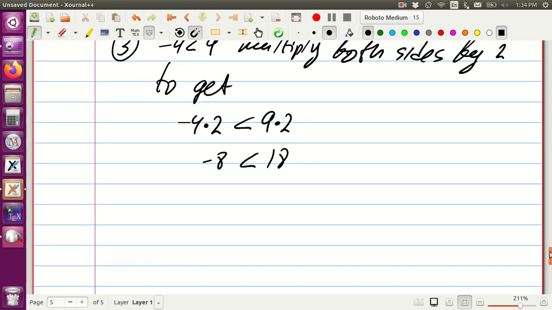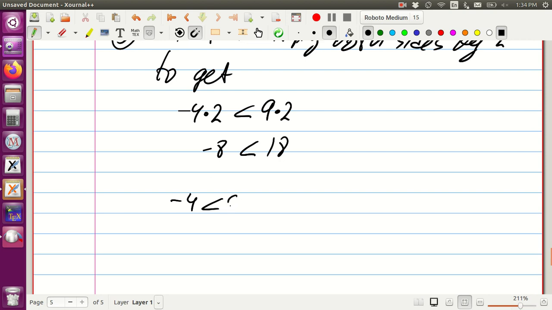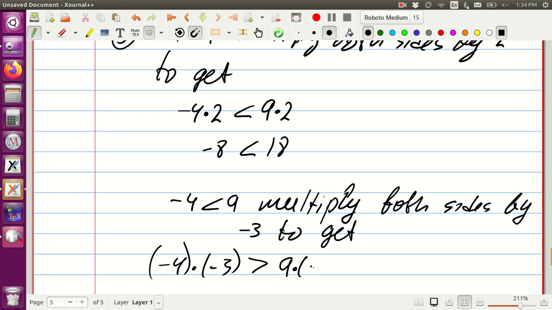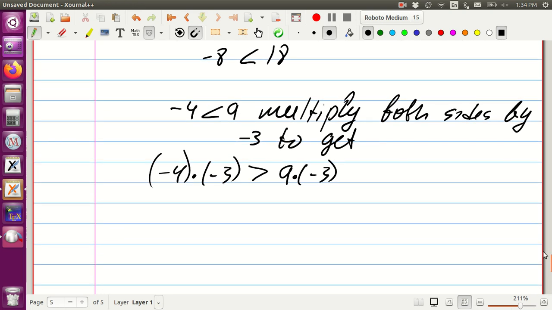We can also take the same expression, -4 less than 9, and multiply both sides by -3 to get -4 times -3 is bigger than 9 times negative 3. And if we calculate it, we get positive 12 is bigger than negative 27.